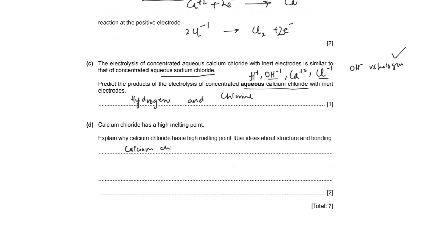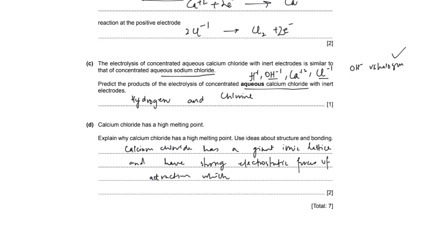So calcium chloride has a giant ionic lattice, and as far as bonding is concerned, it has strong electrostatic forces of attraction, which are difficult to overcome. There you go.